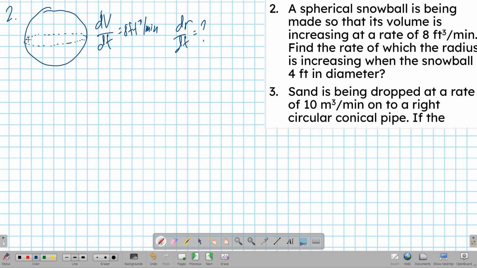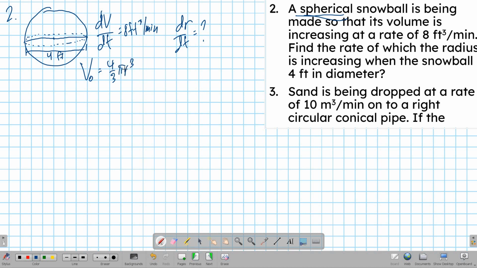When the snowball is 4 feet in diameter, so if its diameter is like that, this entire diameter is 4 feet. Since it's spherical, you will have an idea of the volume of a sphere. The volume of a sphere is given by 4/3 pi r cubed.